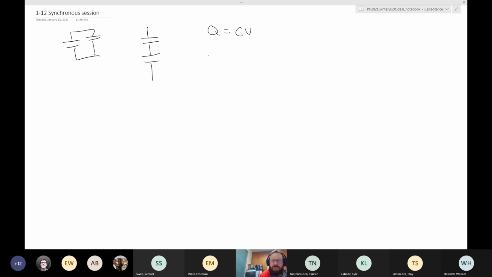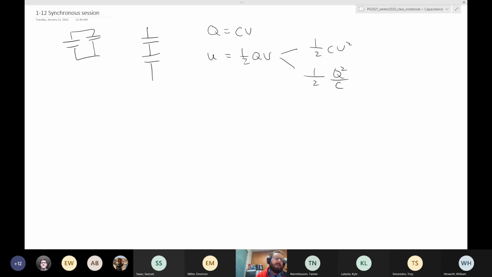And we stated the expression for the energy stored in a capacitor, depending on what flavor of this expression, you can have a version that has constant charge or a version for constant voltage, etc.